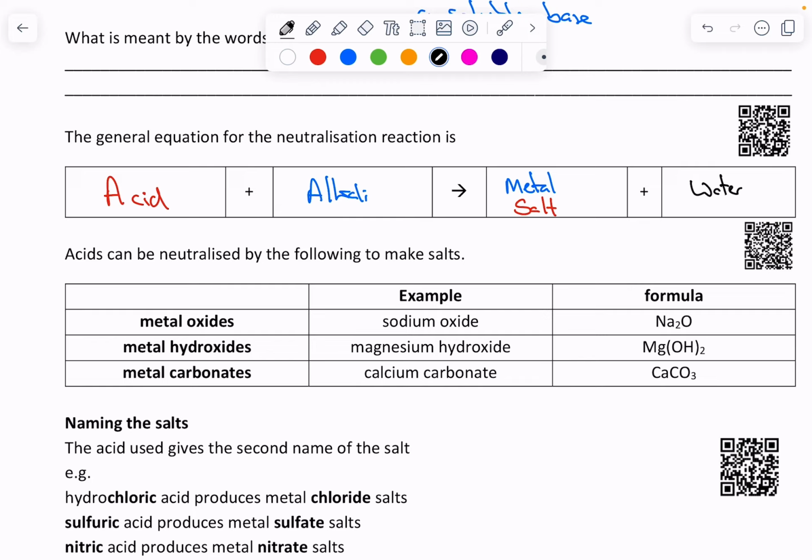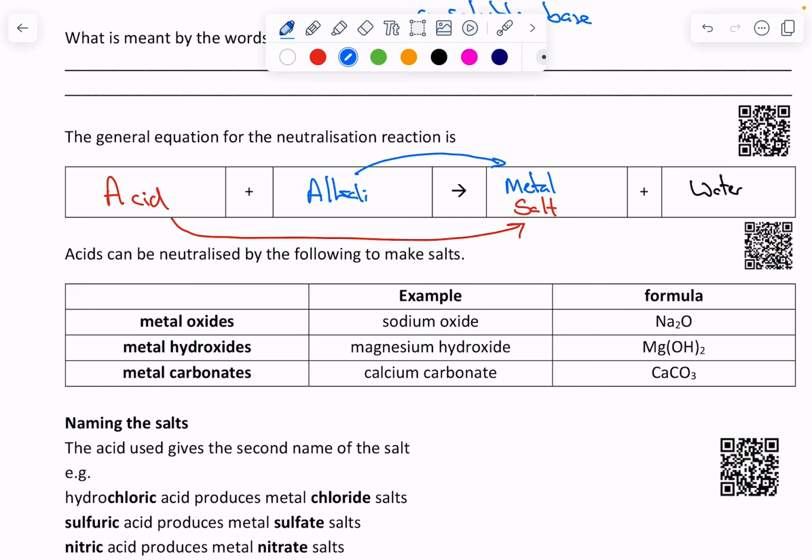Okay. Now the reason I've done metal salt in two colors is because the second name of the salt comes from the acid, and the first name of the salt comes from the alkali, and that's why the color coding is there to help us to do this.